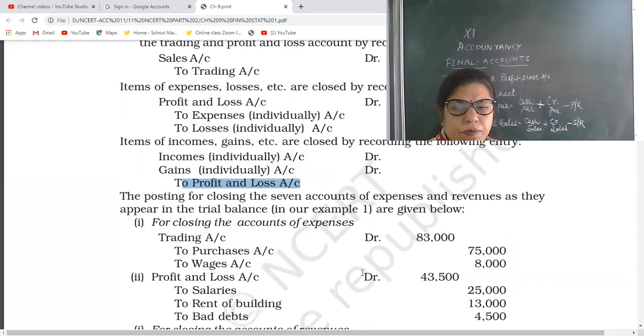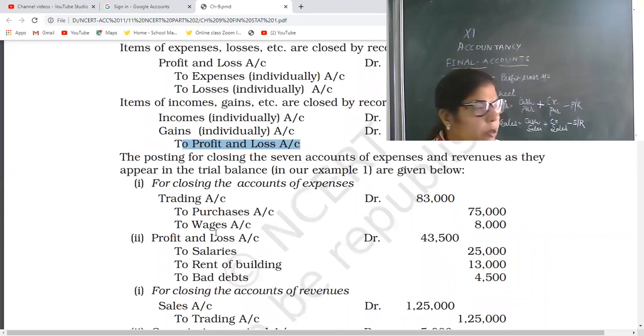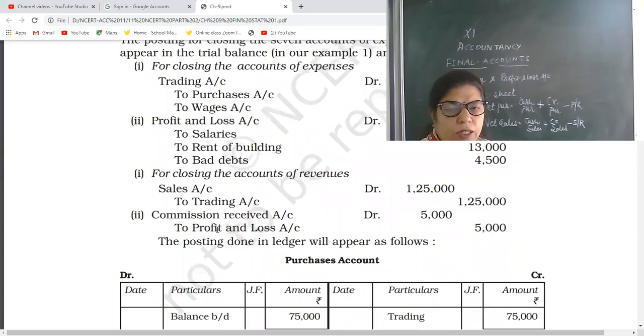Now, for closing the accounts of expenses, trading account debit to purchase, to wages. For closing the expenses to P&L, P&L debit to salary, to rent, to bad debts. For transferring the accounts of revenue, sales account debit, note down.